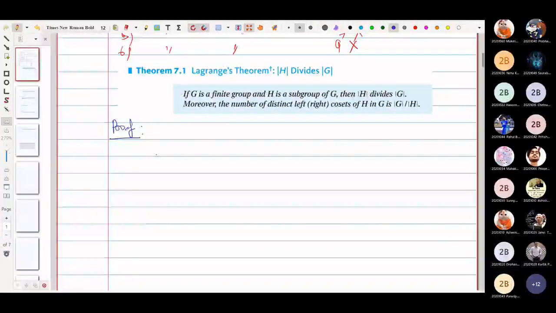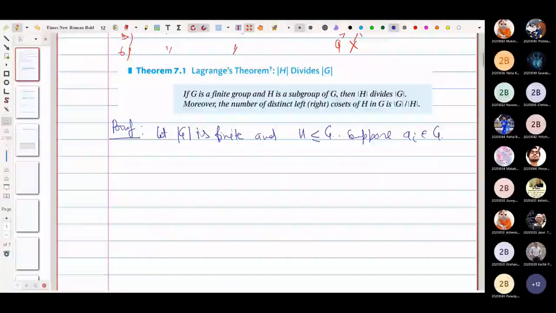Fine. So let us assume the order of G is finite and H is a subgroup of G. Suppose a_i belongs to G. Of course, i should be some fixed finite number 1, 2 up to n, because G is a group of finite order.